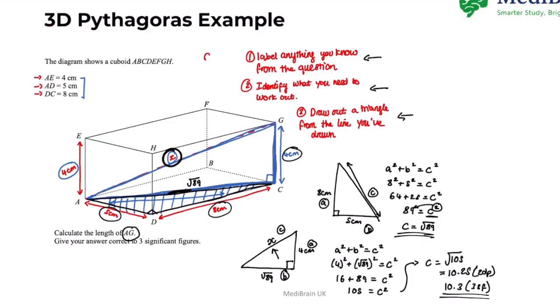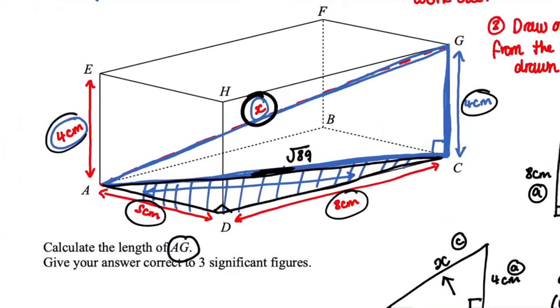Now, once we've drawn out the triangle, we know that if this is 4 centimeters, we can label this as 4 centimeters as well because it's a cuboid. And then we need to work out this bottom line over here of this triangle where we got root 89. We know this side and we know this side, so we can use Pythagoras because it's a right angle triangle to work out the length of this long side at the bottom.